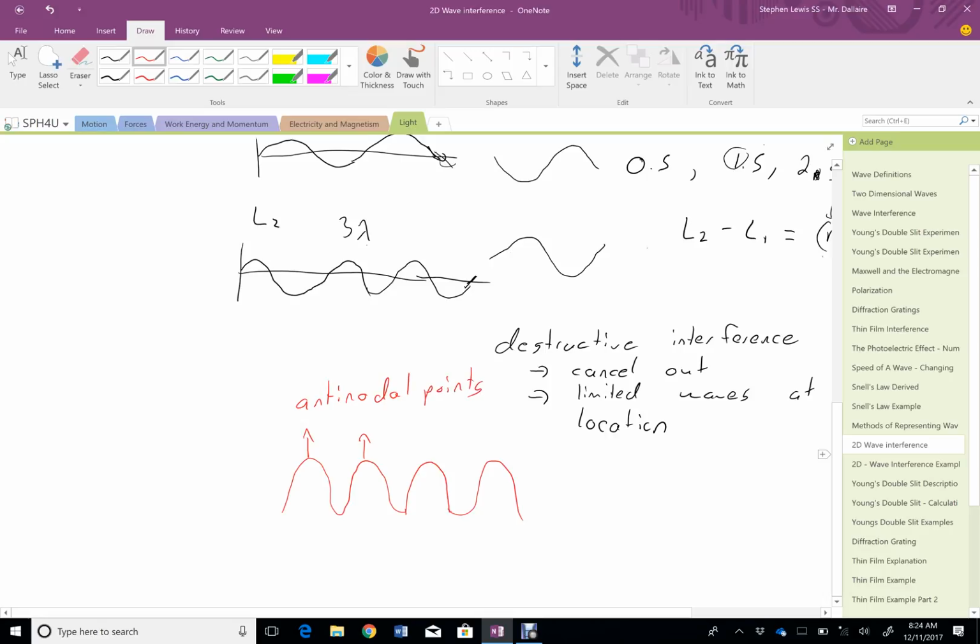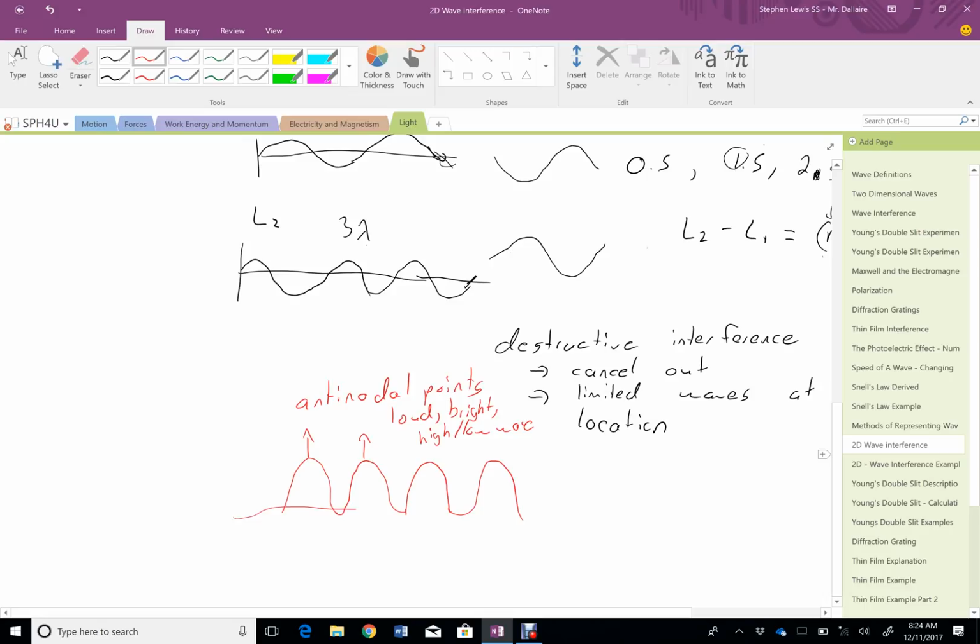And so if we were dealing with sound, they'd be loud. If we were dealing with light, they would be bright spots. Or if we were dealing with waves, they'd be high to low wave points.